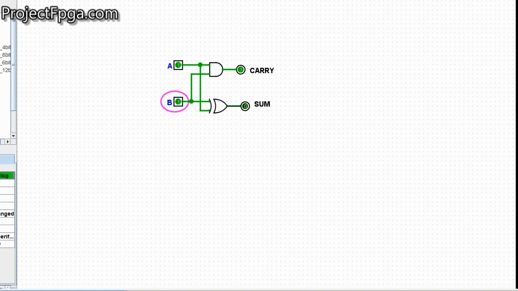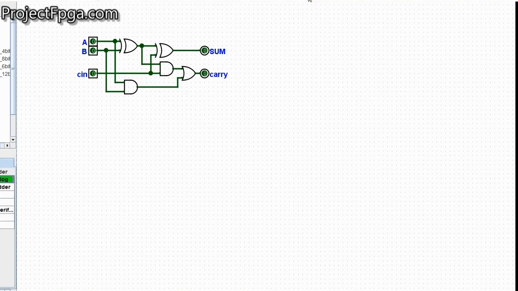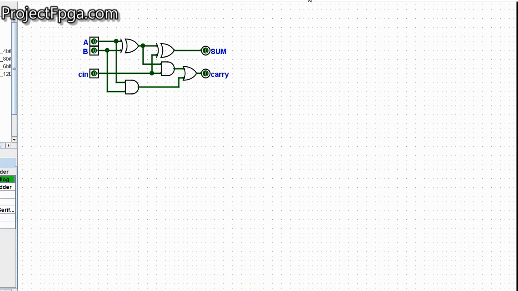Then also you have the full adder. This is the full adder. I won't really talk much, but let me just go through the ripple adders to show you what they are.